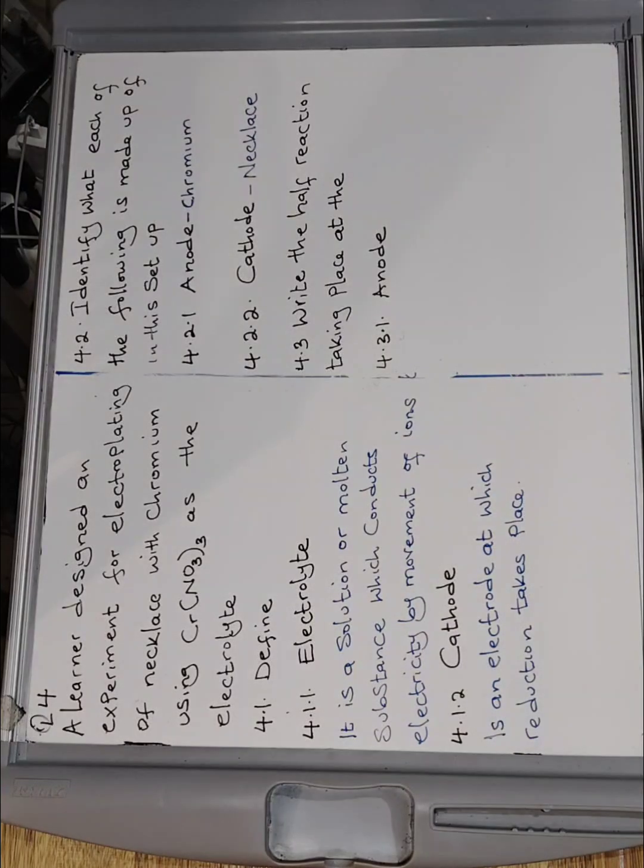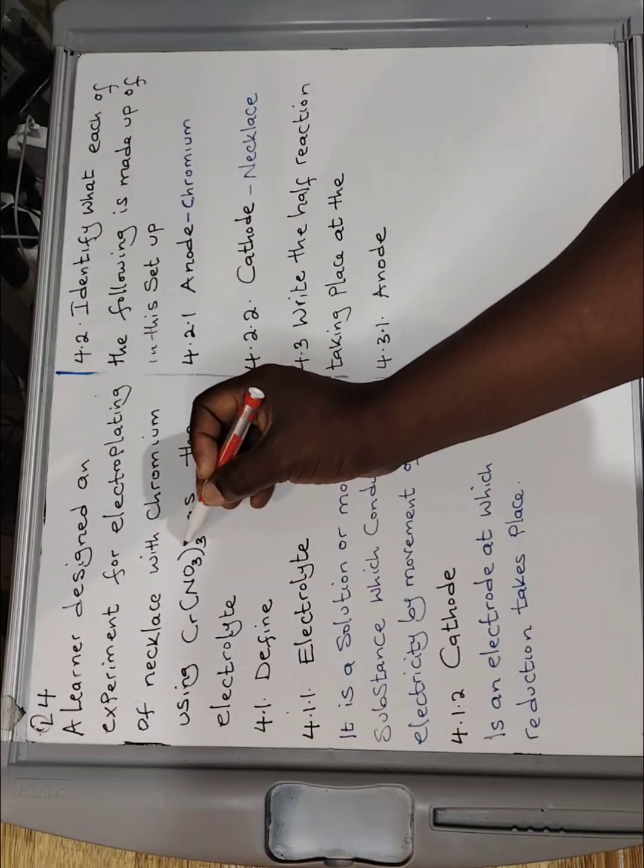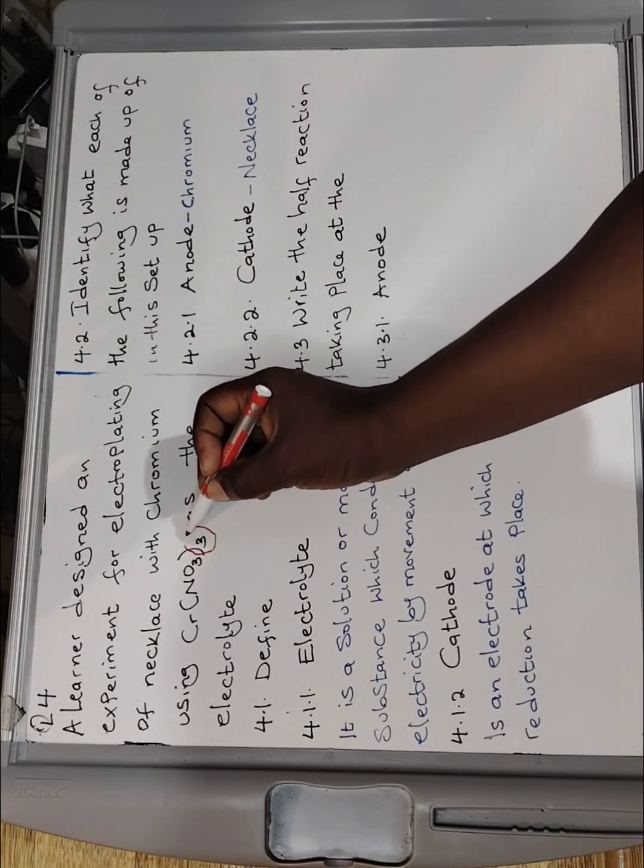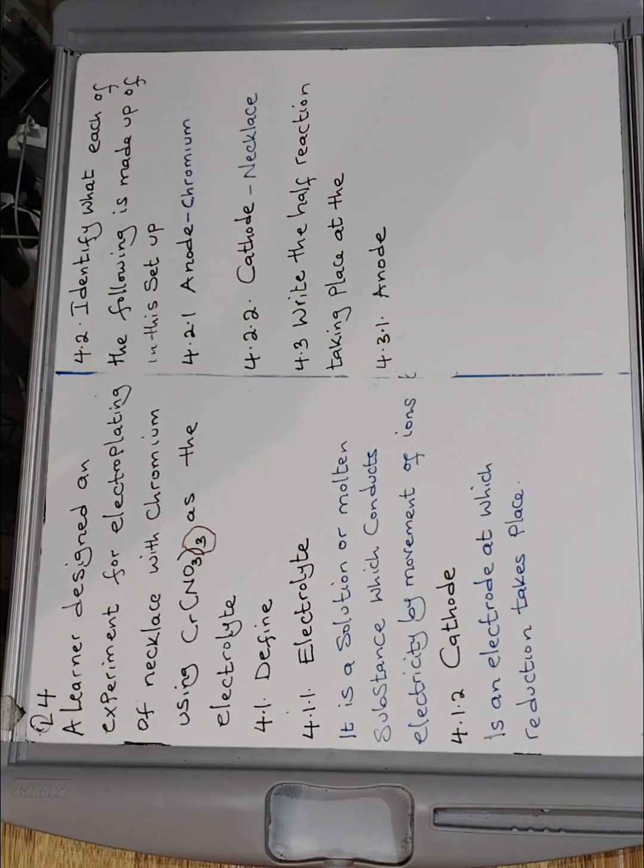But now there is a trick here, and I want us to pick it from here. You have to remember that chromium is a transition metal. It can adopt oxidation number 2, it can adopt oxidation number 3, and so many others.